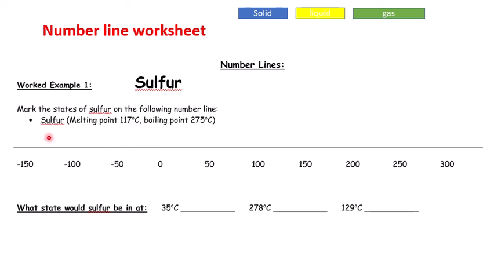I'll move the little red cursor along, and you think, where am I going to stop? Where am I going to mark that melting point? As we go along, we're looking for 117 degrees centigrade. Hopefully you've thought somewhere around there. Okay, so we mark that. There's the melting point.